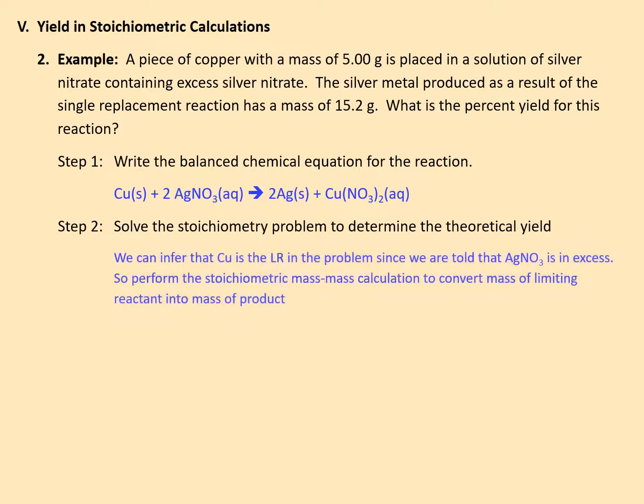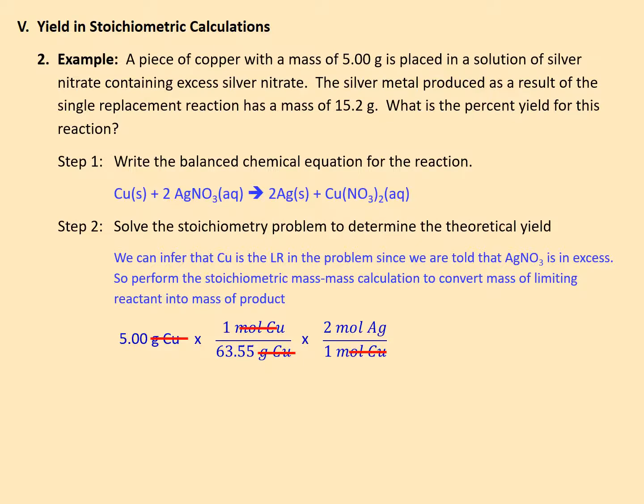So let's do the stoichiometry problem. We're starting with 5 grams of copper. We will divide through by the molar mass to convert grams of copper into moles of copper. We will then use the ratio of coefficients to go from moles of reactant to moles of product. In this case, we're told that we will form 2 moles of silver for every 1 mole of copper that's consumed.